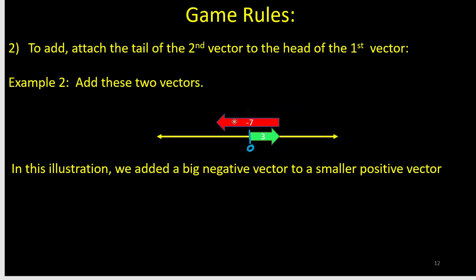To do this one, the blunt end of the red vector lines up with the arrowhead, because we can't just line it up the other way like we did the first time. This calculation right here, number-wise, looks like this. That's going to be 3 plus a -7, I'll put that in parentheses, equals some number. We'll save that for a little bit later, what the numbers actually are whenever we have a formal number line.